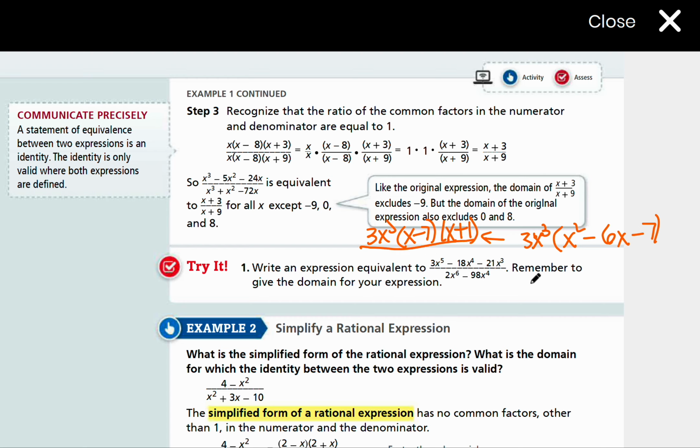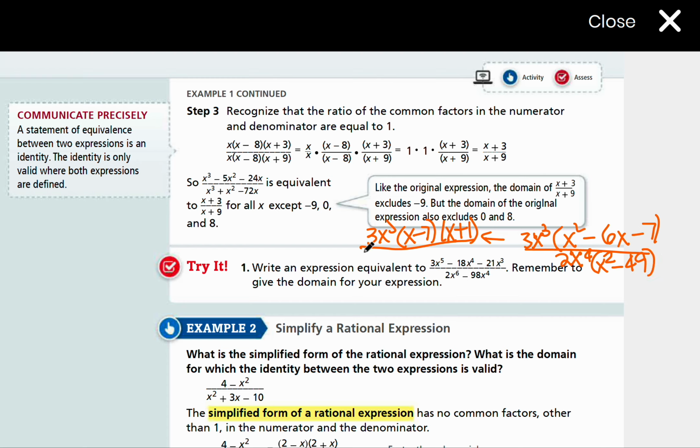All over, if you also factor this out, the greatest common factor 2x to the 4th power, right? And so you have x to the 2nd power minus 49.